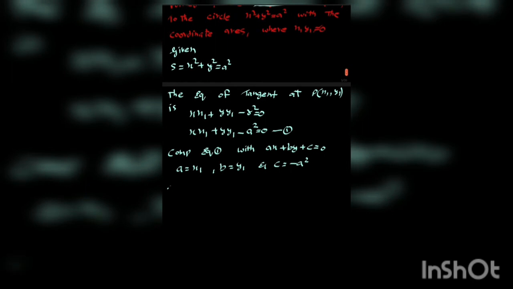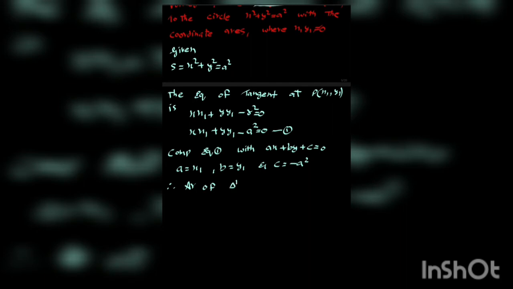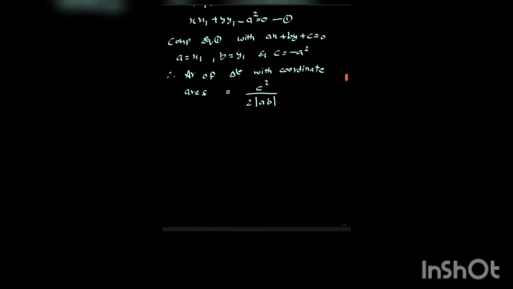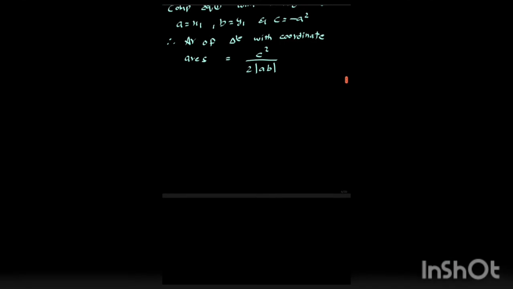So therefore, the area of the triangle with the coordinate axes is c square by 2 mod ab. So what is the formula? C square by 2 mod ab. So what is c square?